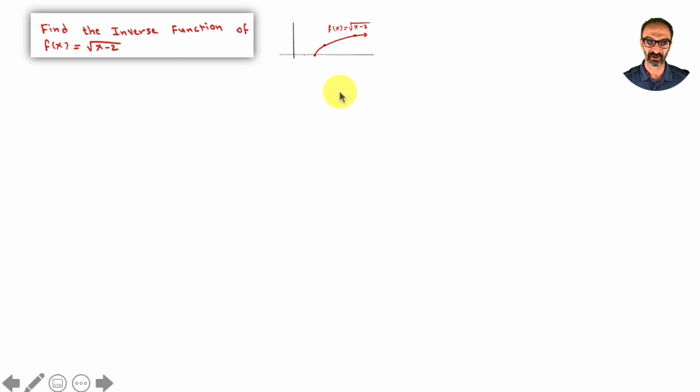I have the graph, you know it. We're gonna find the inverse. Well, just pay attention to this. Y equals square root of x minus 2 has a range, y values, from 0 all the way up.